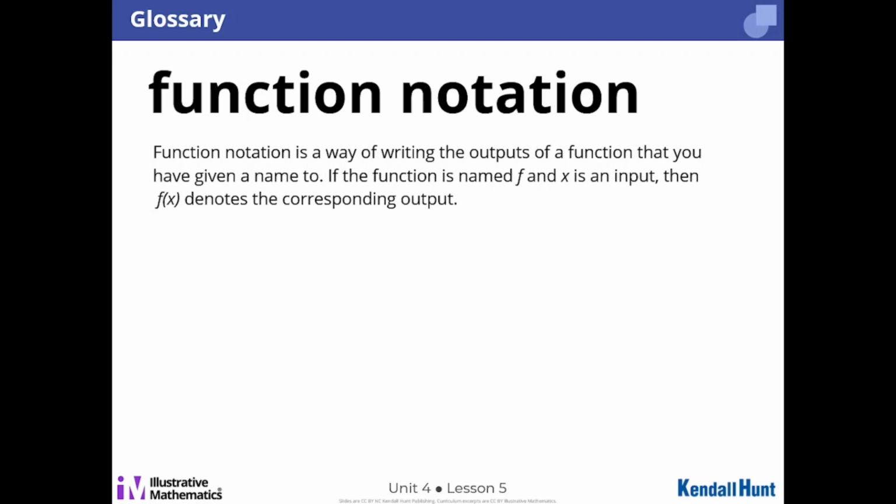Next, we have function notation. Function notation is a way of writing the outputs of a function that you have given a name to. If the function is named f and x is an input, then f of x denotes the corresponding output.